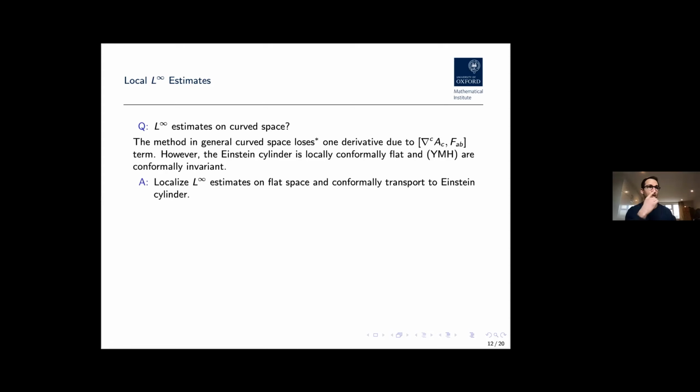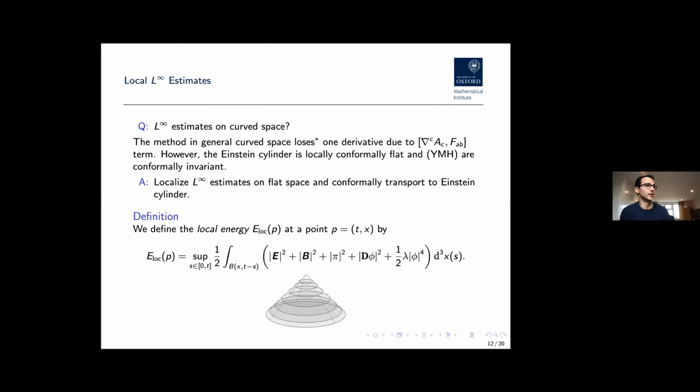So as I mentioned, there is this factor of the energy in the L-infinity estimates by Eardley and Moncrief. And if we were to localize those, we would somehow have to come up with a notion of a local energy. And it turns out that the correct notion of the local energy is simply the local energy in the light cone that you're doing the estimate over.